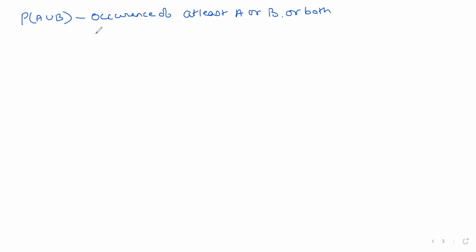When we find the probability of A union B, these are the keywords that you should remember. It is actually occurrence of at least A or B or both, या फिर इसको occurrence of at least one भी कहा जाता है.